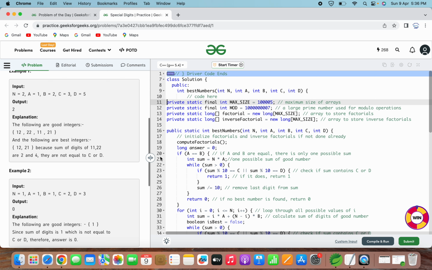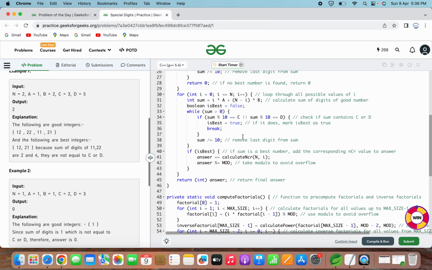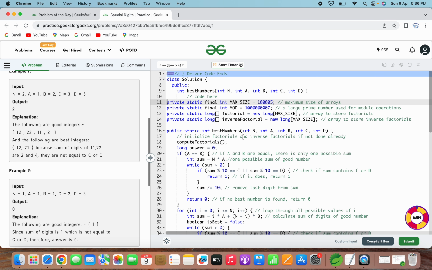The compute factorial method: we are initializing some max size, mod, factorial, and inverse factorial numbers first, and then we go inside this best numbers.